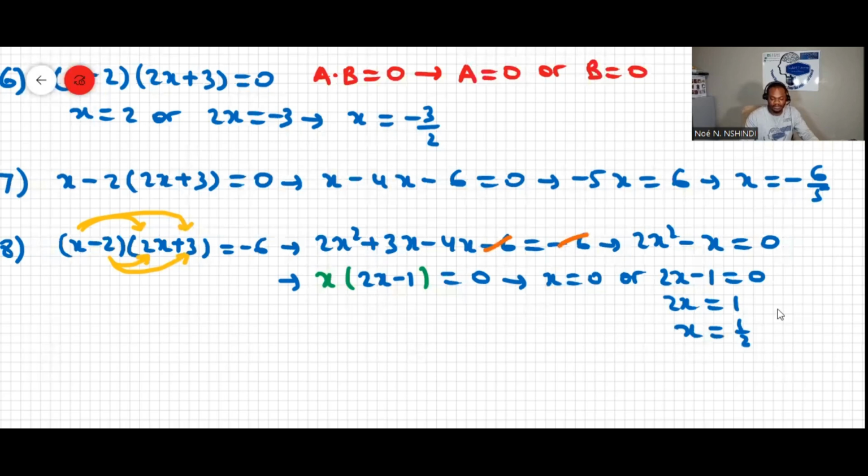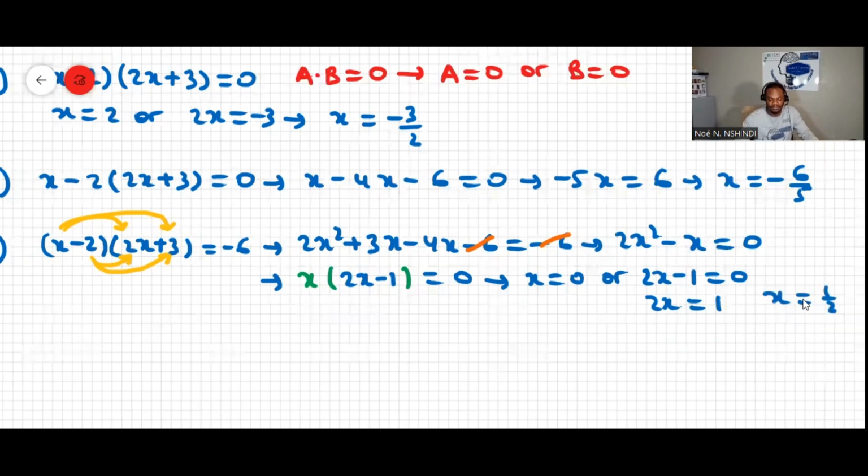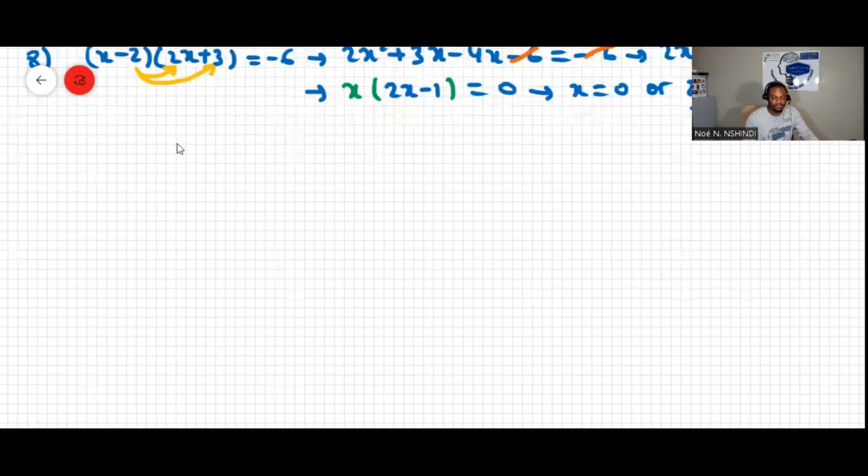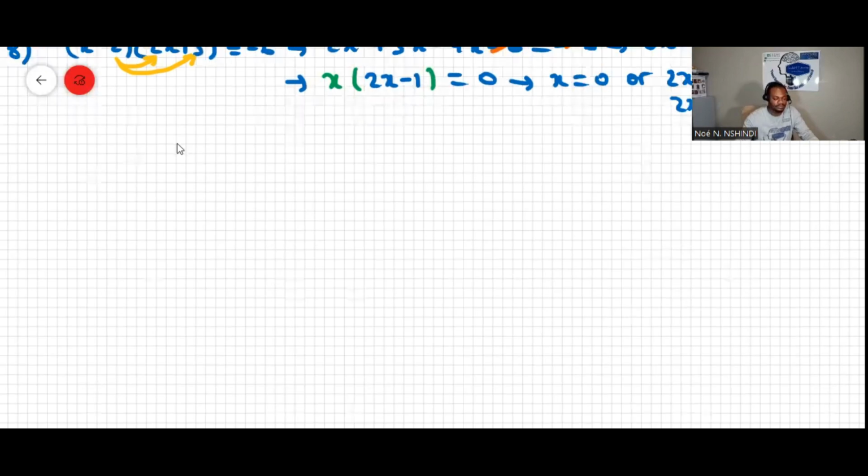Then we've got question 9. It's 3 open brackets x minus 2 over 4 minus 2x minus 5 over 2 equal to 4x.